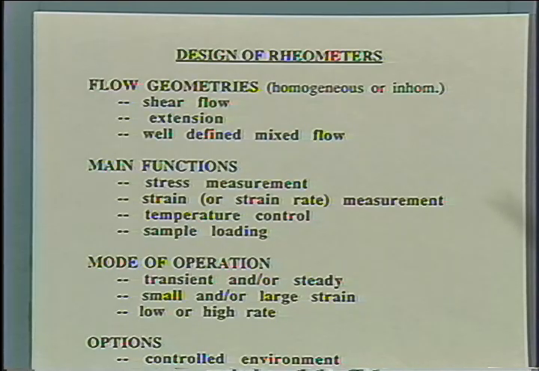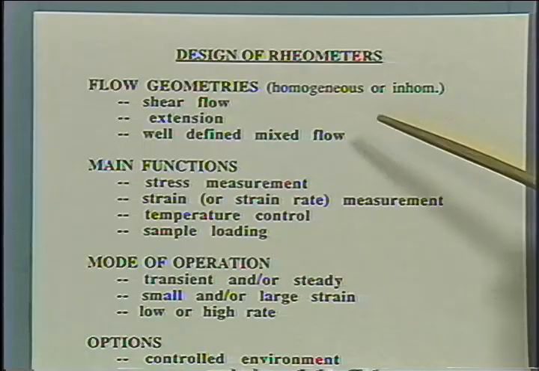So the flow is not defined, but you still can distinguish between a material which flows easily and a material which is very hard to push through a die. So in industry, the melt indexer is very popular as a simple tool to characterize processing behavior.